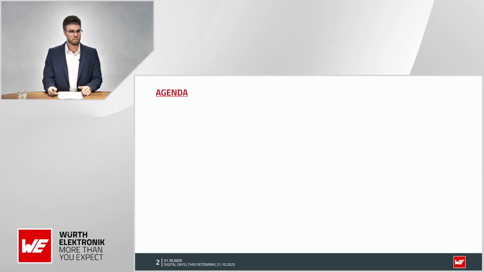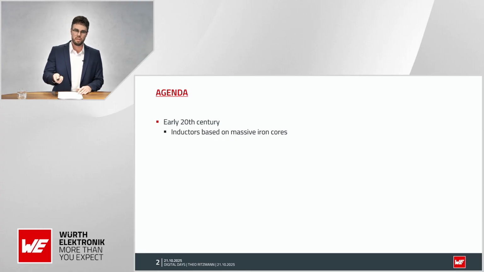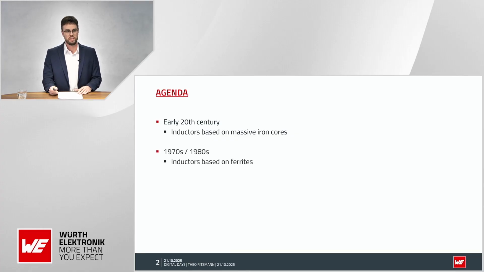So we will go now through, let's say, the history of power inductors. First of all, we start in the early 20th century, where inductors were more or less mainly based on massive iron cores. Then we go to the 1970s, 1980s, and here came kind of a transition. The inductors were then changing to ferrite-based versions.